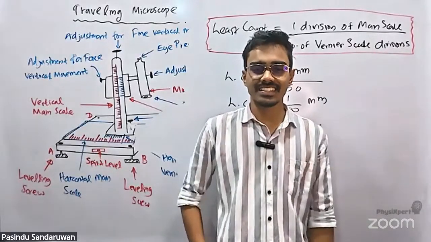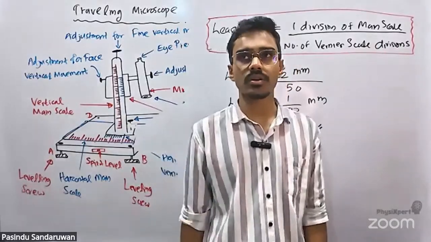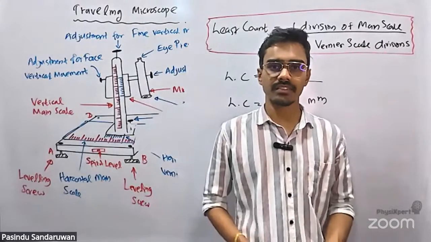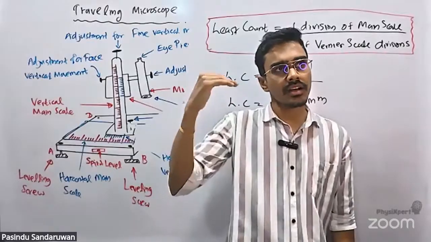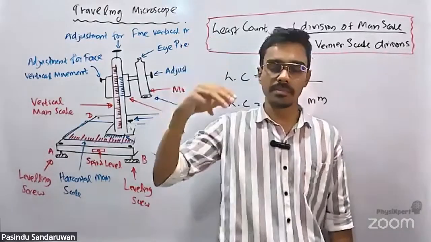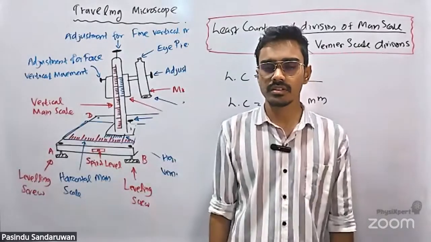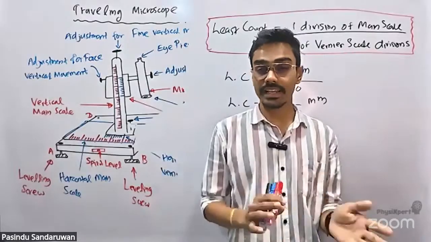Traveling microscopes cost starting from around 4 lakhs, and depending on quality and other features, there are instruments up to 1 million. The other instruments are not that expensive.